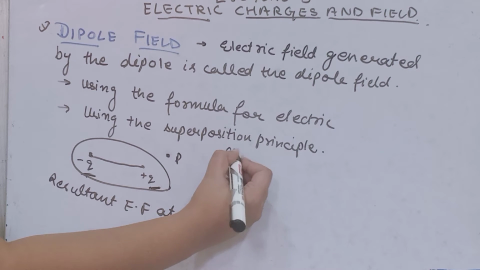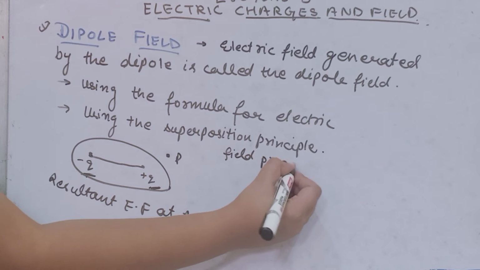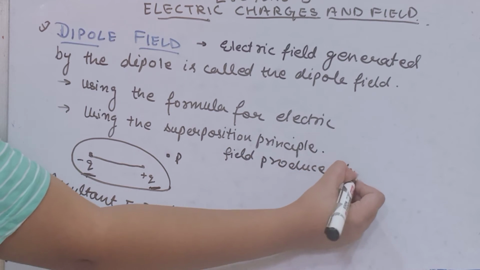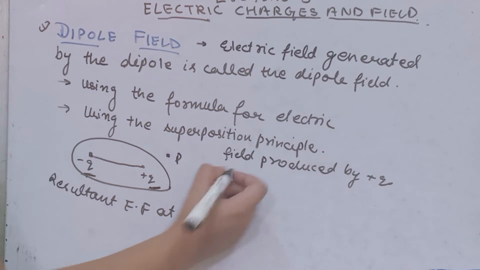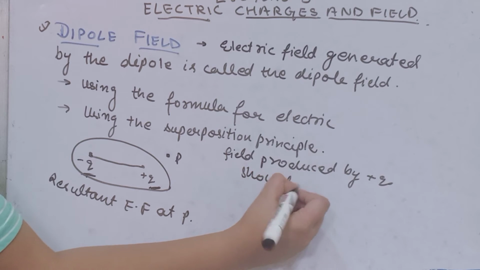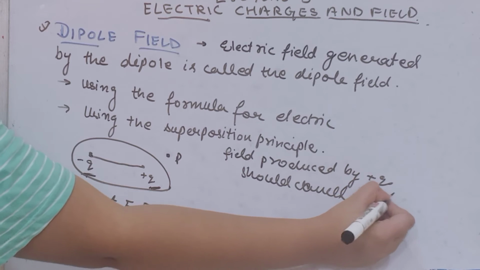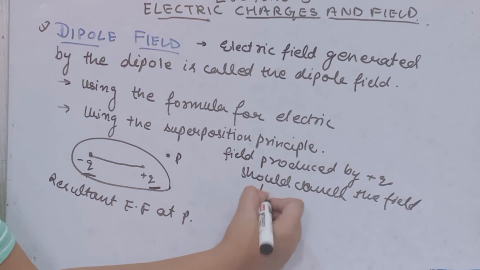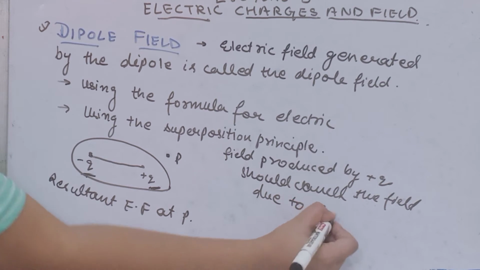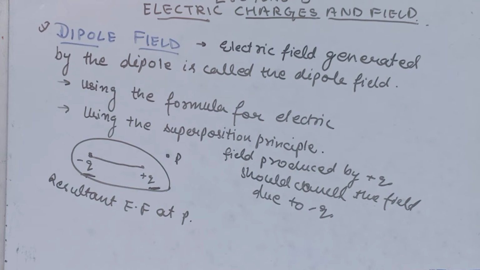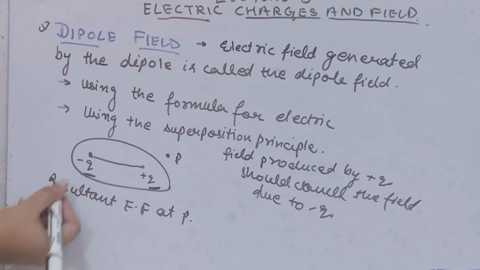So the field produced by plus q charge should cancel the field due to minus q charge. Fine. So we should have the dipole field equal to 0.